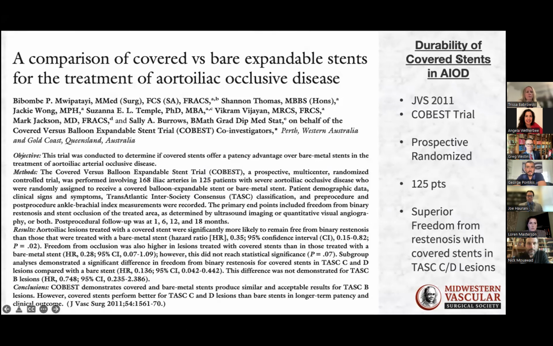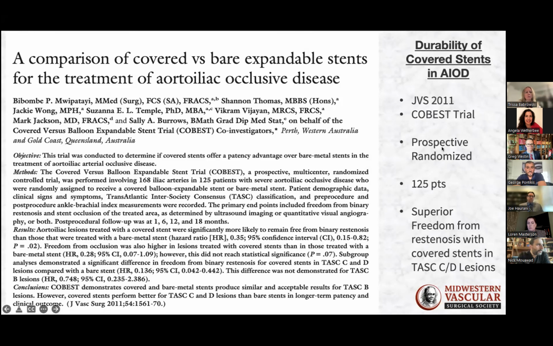Now, as far as the durability, there have been several trials done to assess this. The COBEST trial was among the first, where they compared bare metal stent to covered stent.